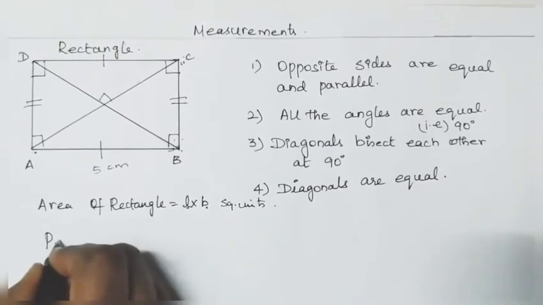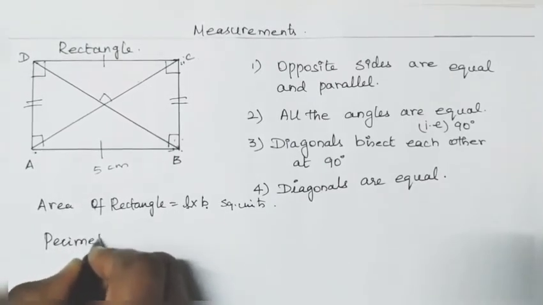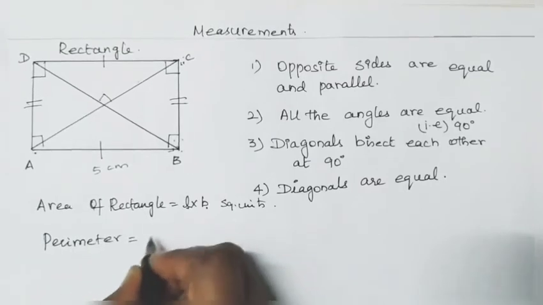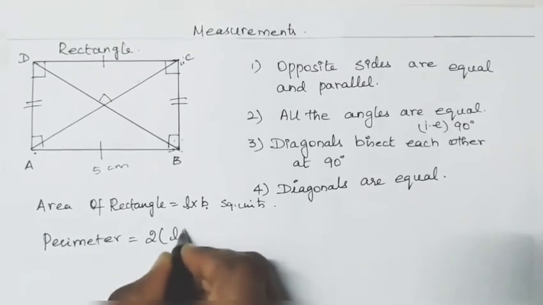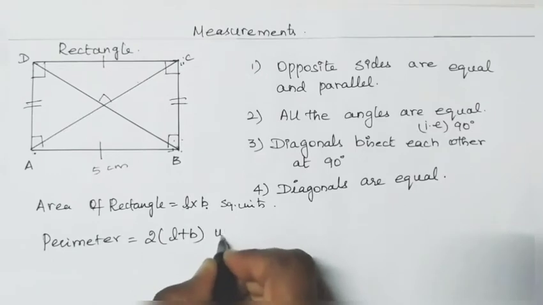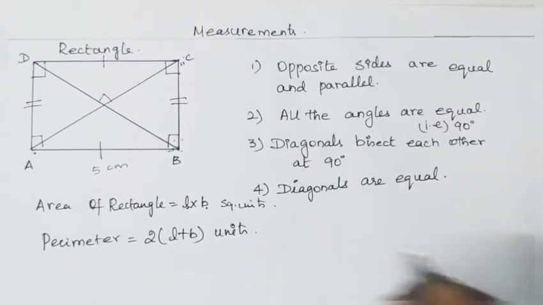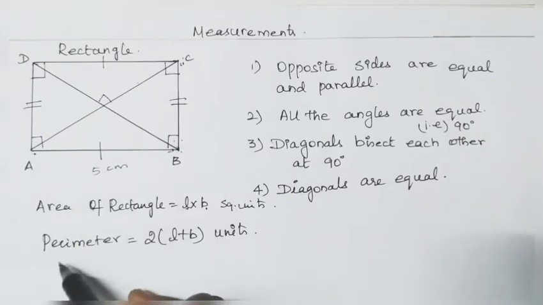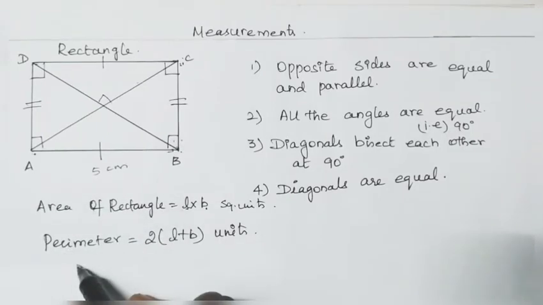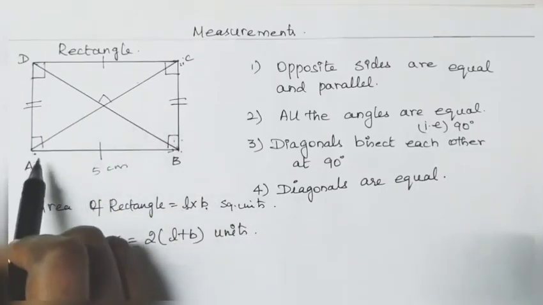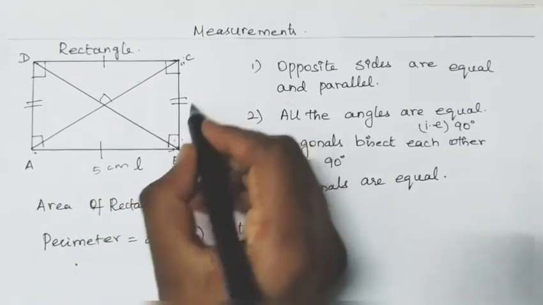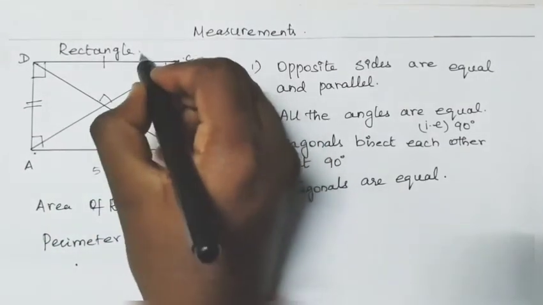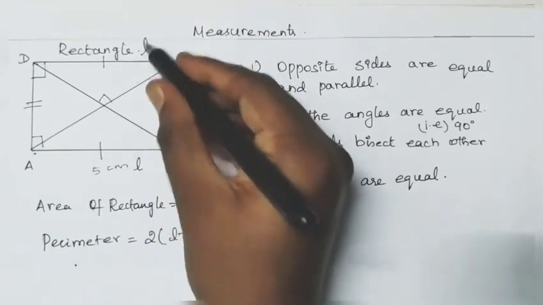Now perimeter of a rectangle. 2 into (L plus B) units. Because perimeter is the adding of all the sides. So here this is L. This is breadth B. This is also L. Opposite sides are equal.